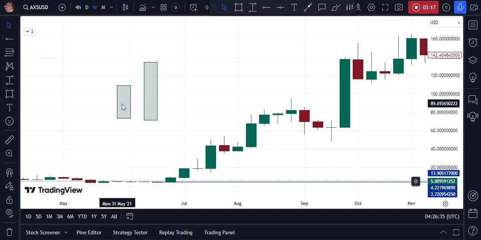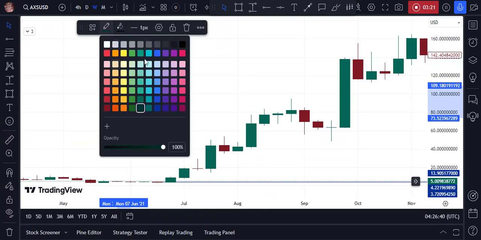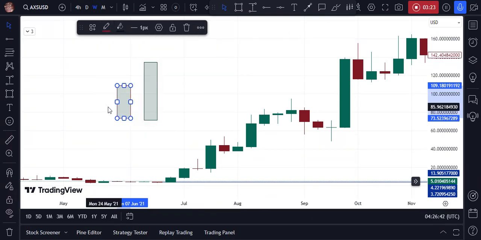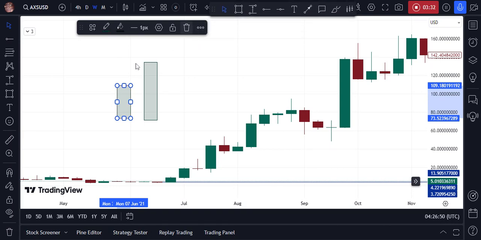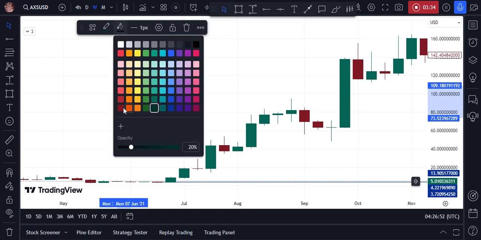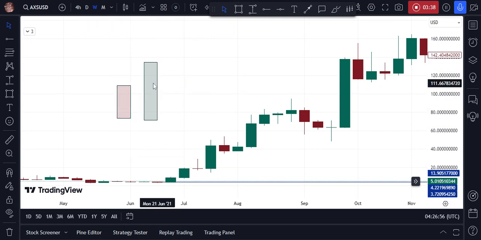So you're going to have this as red. Then you now have this as green.